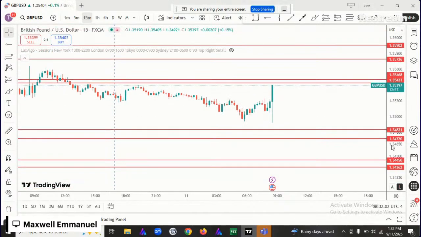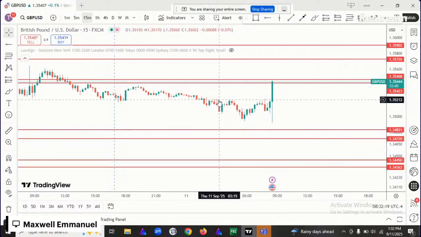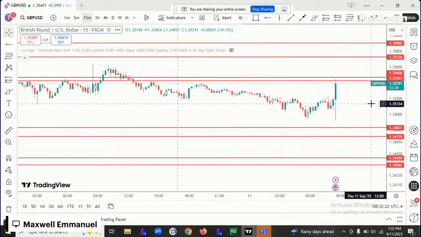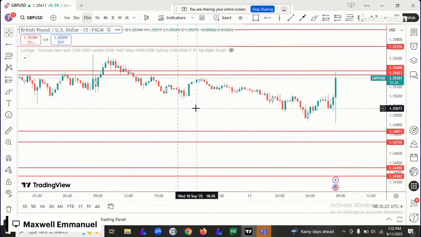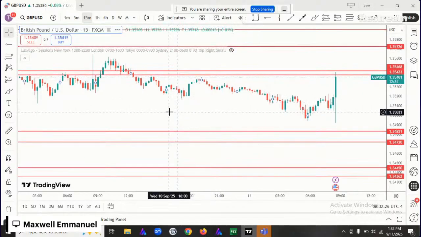If you don't have a buy trade on GU or EU, don't jump in and start buying. Dollar should be weak now.